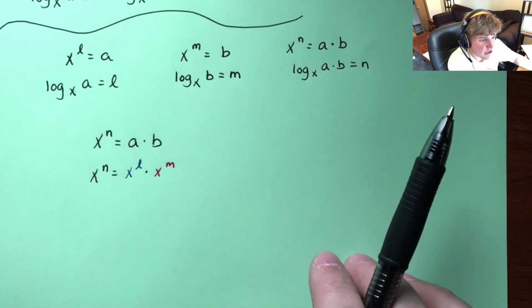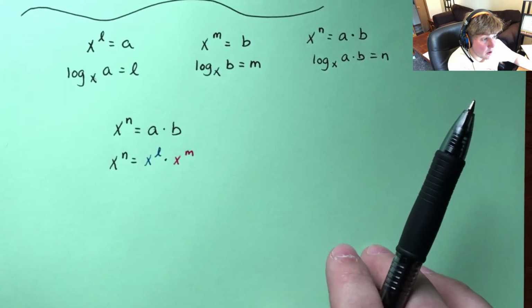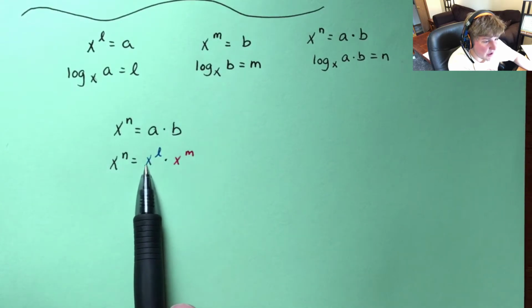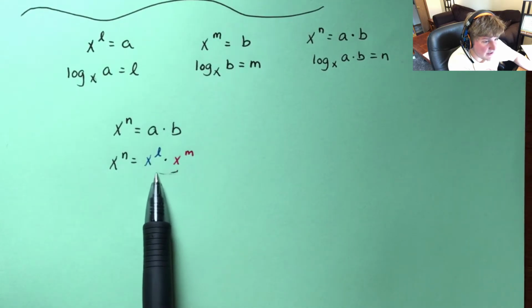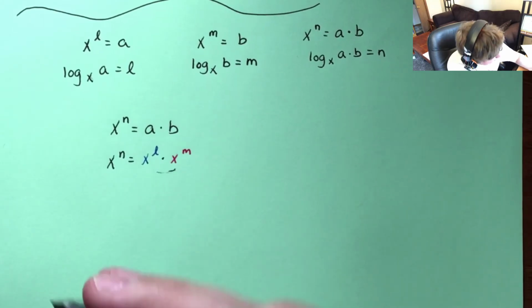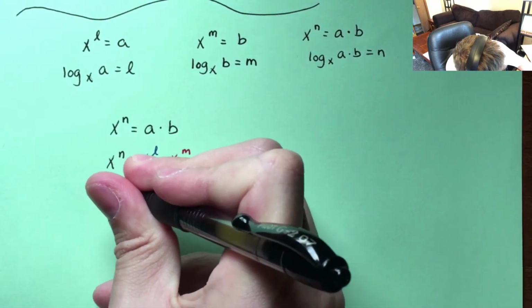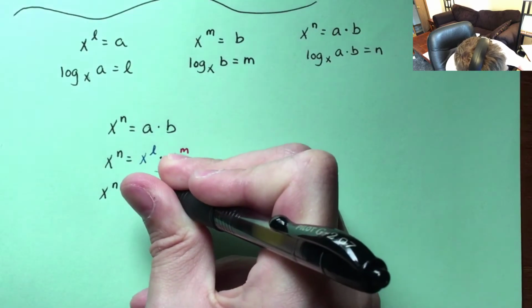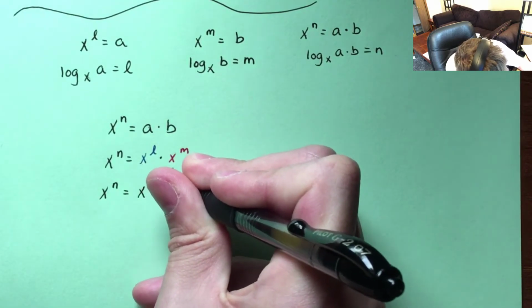Now we need to know a little bit about our exponent properties, specifically that when I am multiplying the same base together with exponents, that is the same as keeping the base and just adding L and M together.